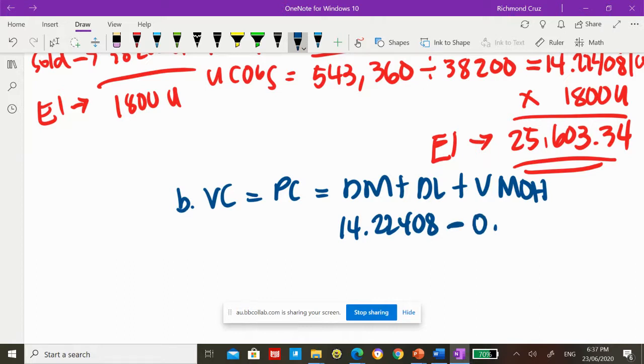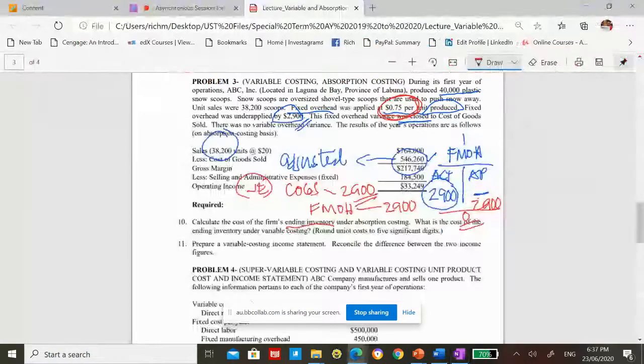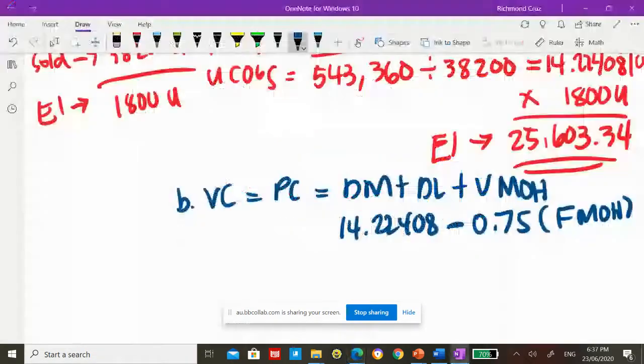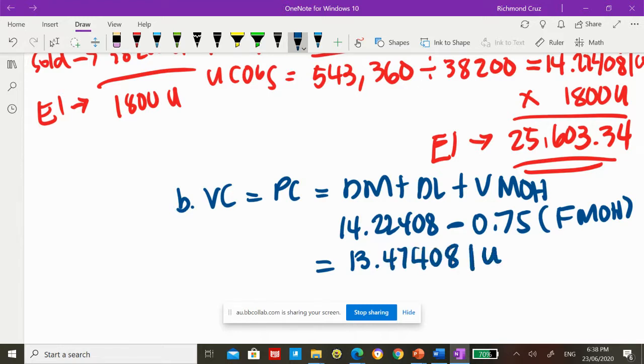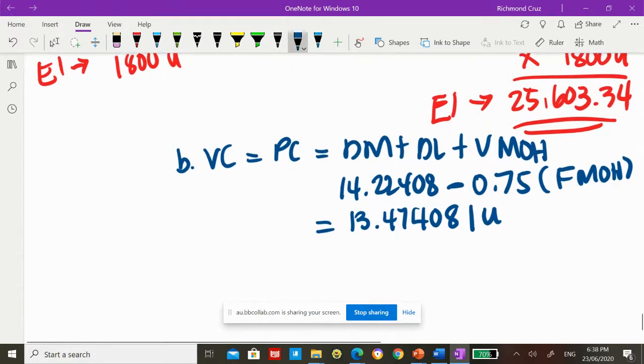So ibabawas ko dito yung 0.75, which is yan yung fixed manufacturing overhead. Para ang matitira is lahat lang nung variable. So lalabas, that's 14.22408 minus 0.75. So that will give me 13.47408. This is per unit, just like yung nandun sa taas na 14.22408.